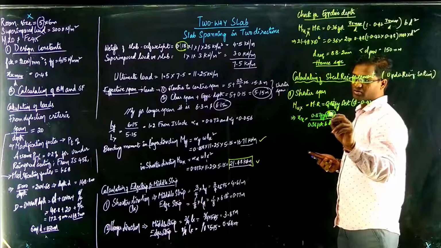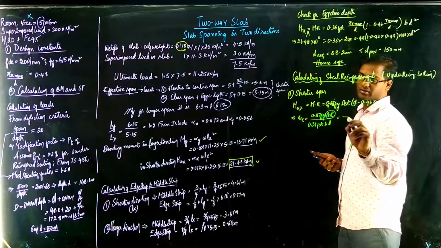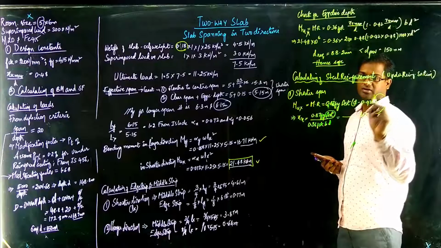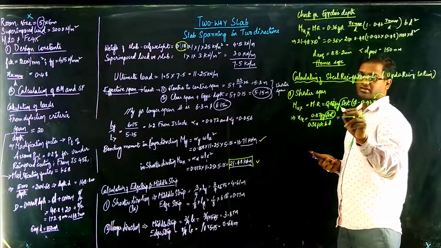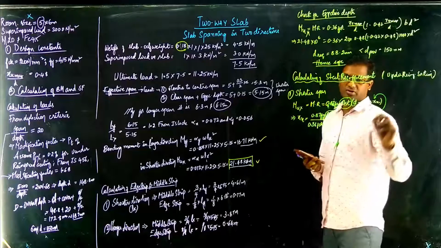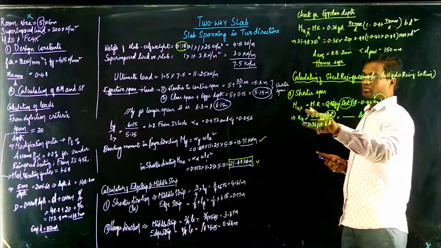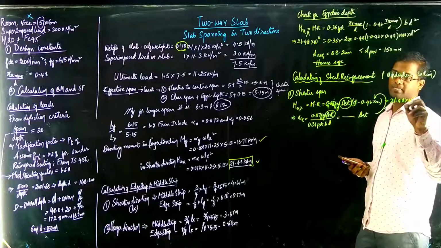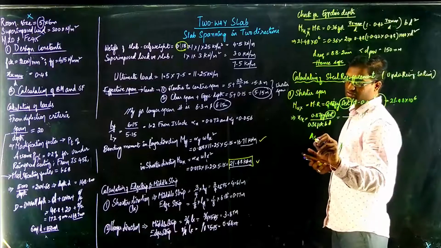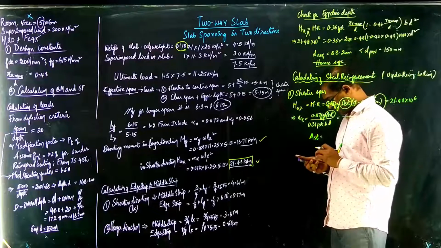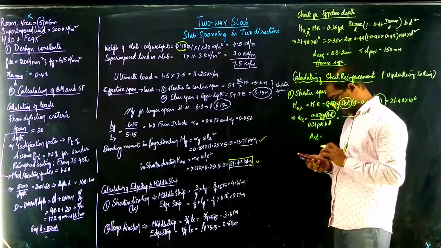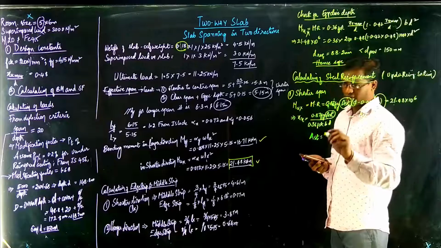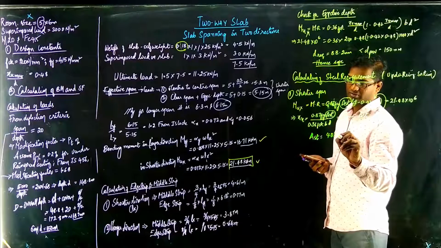Now Ast is not known. You calculate xu in terms of Ast. Now you back substitute this xu here. Now this entire equation is equated to moment which is coming, that is 21.48 into 10 power 6. Now a quadratic equation will come. From quadratic equation, Ast can be calculated as 403.2 mm square.